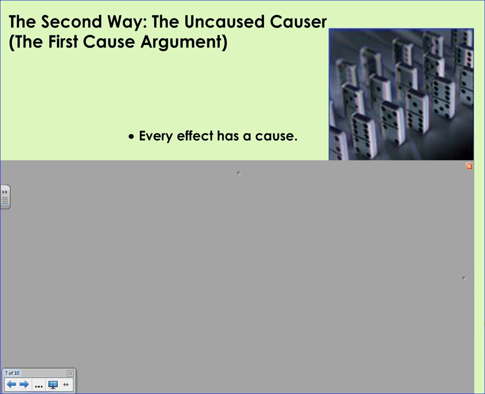Now, we can identify that there are causes and effects in the universe. Nothing can be the cause of itself, because if it was, it would have to exist before it existed, and that's logical nonsense. So everything that is an effect has been caused by something else, something outside of itself.